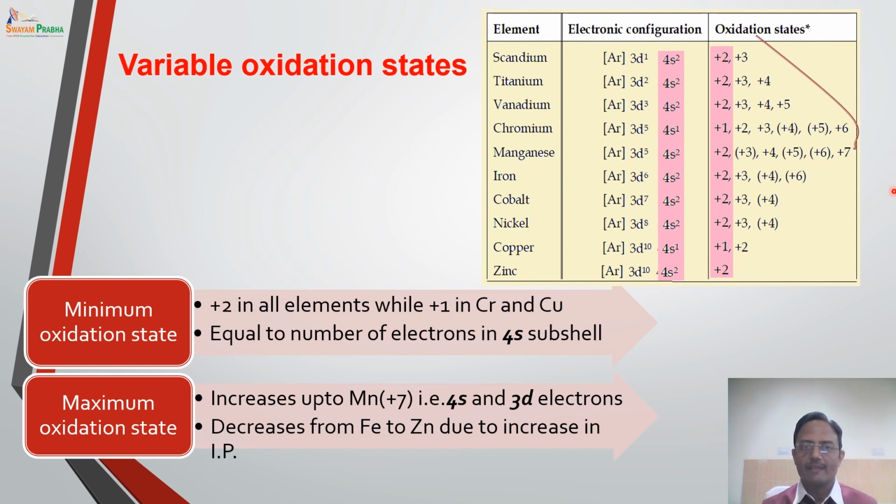Hence, by the time we reach iron, the ionization potential has come to such a value that removal of more number of electrons becomes more and more difficult. Hence, iron onwards, the higher oxidation states are not shown by the elements. Hence, the maximum oxidation state goes on decreasing from manganese to zinc.